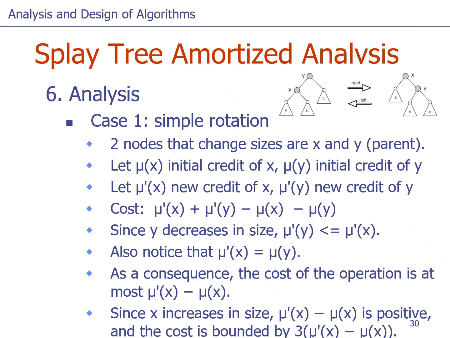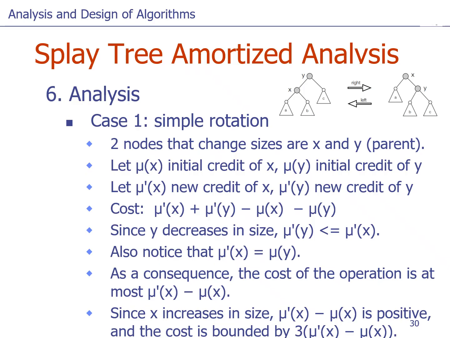Let's think about this a little bit. How are we actually calculating the bank balance? We are calculating it from the number of elements in the subtree rooted at X in the case of X, and in the subtree rooted at Y in the case of Y. Y will decrease in size because the number of elements below it has decreased.